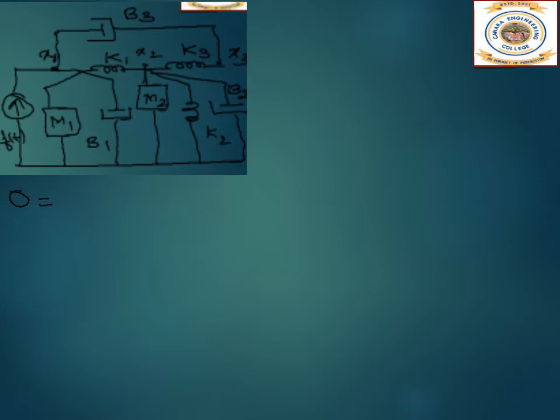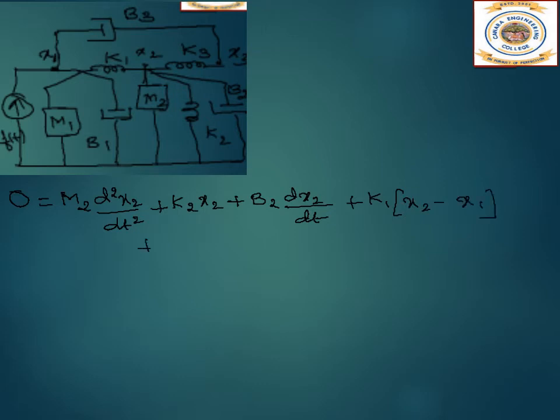So 0 is equal to m2 d square x2 by dt square plus k2 x2 plus b2 dx2 by dt plus k1, which is between x2 and x1, so k1 into x2 minus x1, plus k3 into x2 minus x3. So this is equation 2.